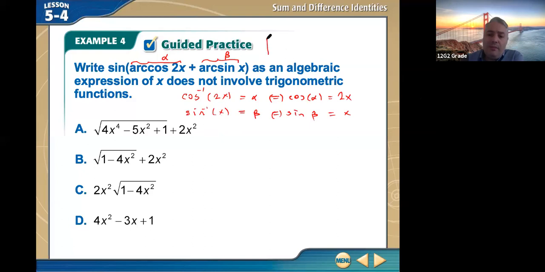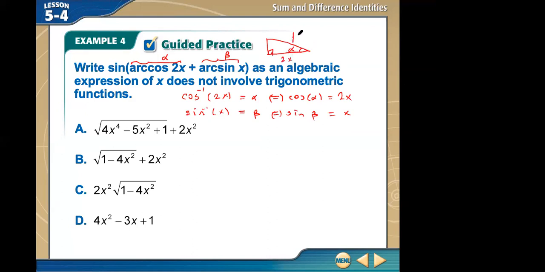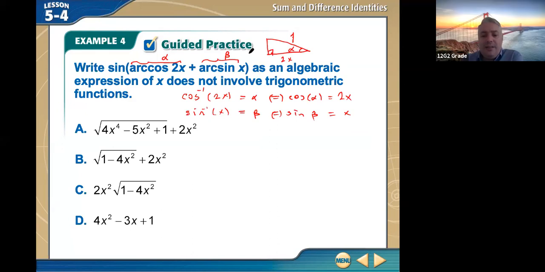Now, one more step. Let me call one angle alpha. Cosine of alpha is 2x. So this is 2x, this is 1. And then what will be this side? This will be square root of 1 minus 2x squared, which is 4x squared. 1 minus 4x squared.